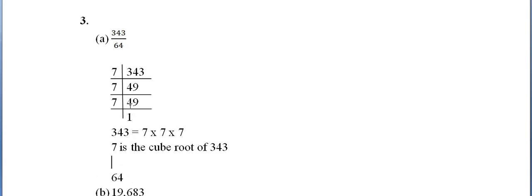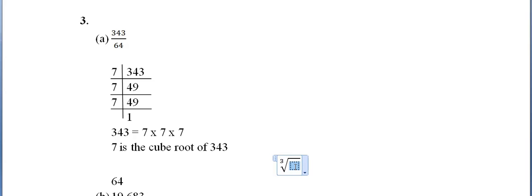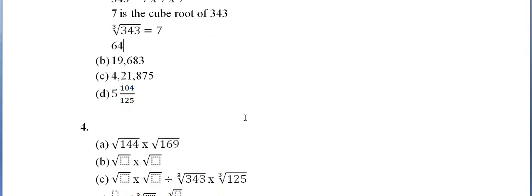It can also be expressed like this. Let me just show you out here. 343 equals 7. Understood? Now let us move on to the next number, 64.